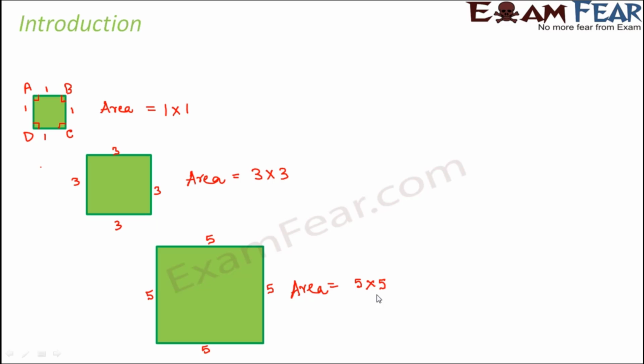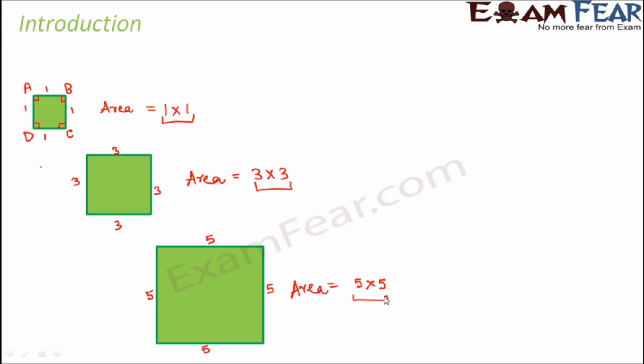So what are we actually doing to find out the area of the square? We are primarily multiplying a number by itself. If you see here, 1 is multiplied by itself, that is 1. Here 3 is multiplied by itself, that is 9. 5 multiplied by 5. So every time you want to find the area of a square, doesn't matter how big the square is, because the size of the square depends only on the length of each side.